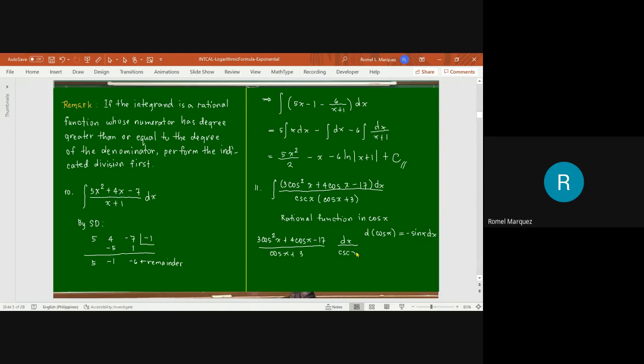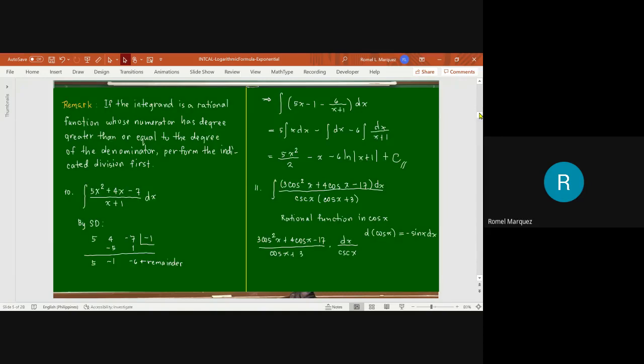Okay now? Yes, the cosecant. Again, the relationship of cosecant to the derivative of cosine is that it's not part of the rational function in cosine. That's why you only divide this part. Later, the cosines there, this is the differential. Okay, guys?